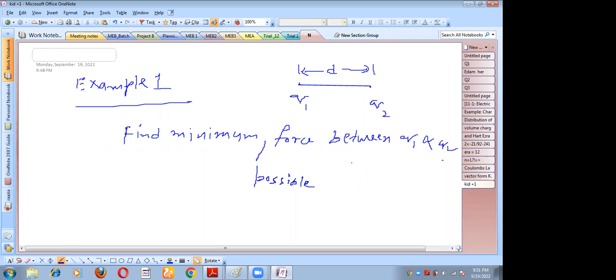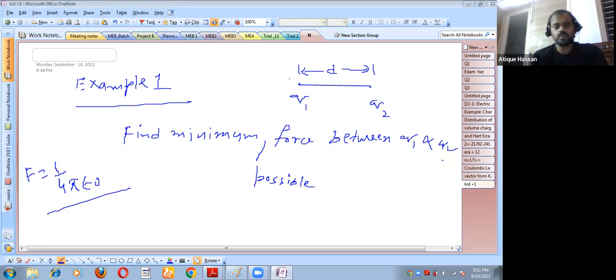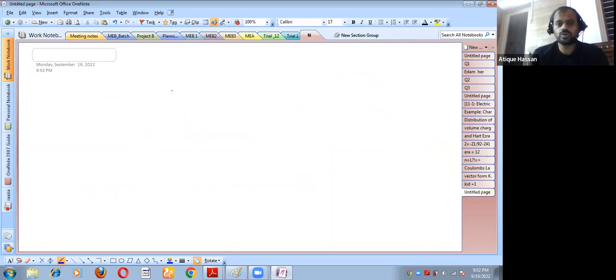Sir, is it 1 by 4 pi epsilon? All right. So Karthik got 1 by 4 pi epsilon naught. Okay, so let us see. Here the charges are Q1 and Q2 and the separation is D. So how can we find it?